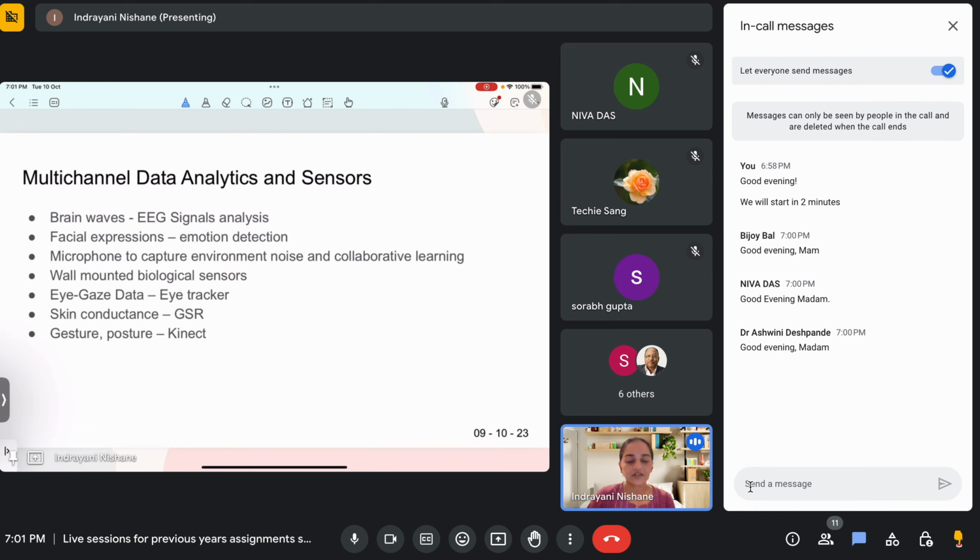Now one thing we need to understand, which is very specific to data analysis with respect to learning environments or learners, is that data collection is not just limited to classroom observations or log data. There are other ways to capture related data, and that will help us in coming to conclusions or forming varied research questions for our studies.